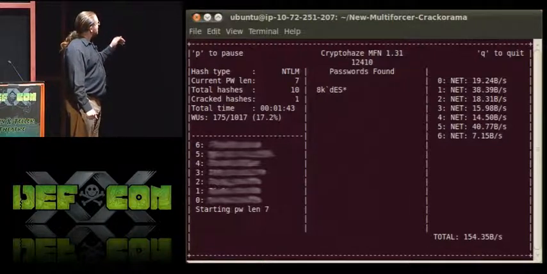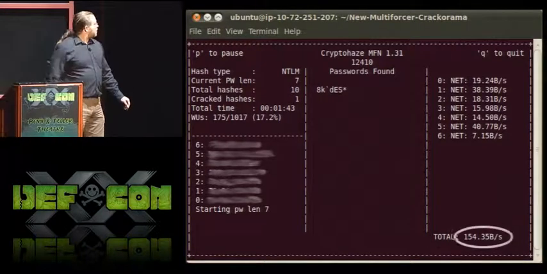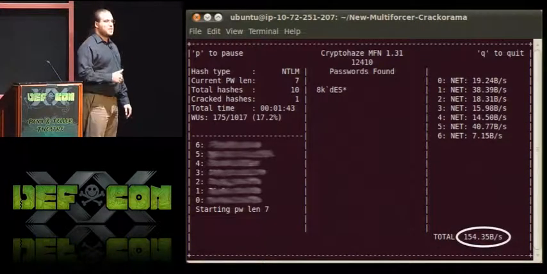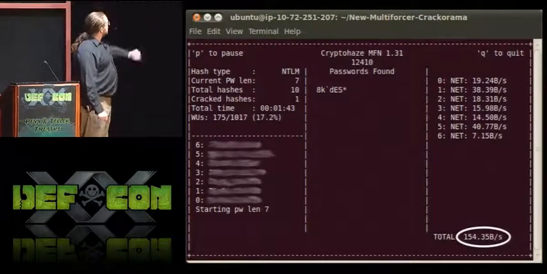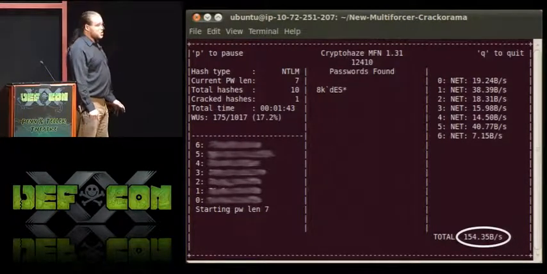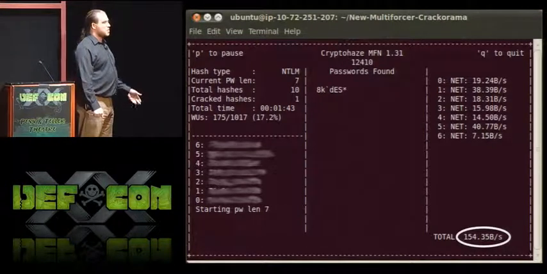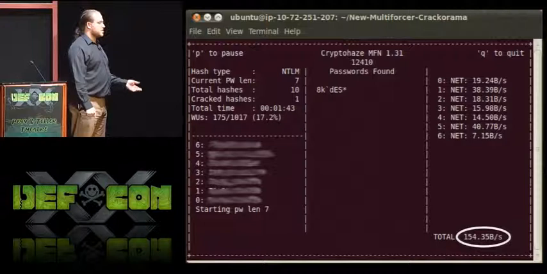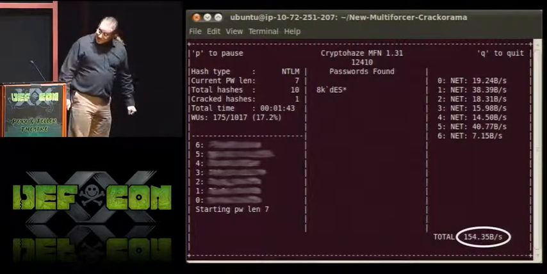I actually have managed to lose count. And in case you missed it in the lower right-hand corner, we're running at 154 billion NTLM per second on a list of 10 hashes for length 7. This does not actually slow down much as you go to larger hash lengths. This is just the biggest number that we got for that day, so it's what I'm using.